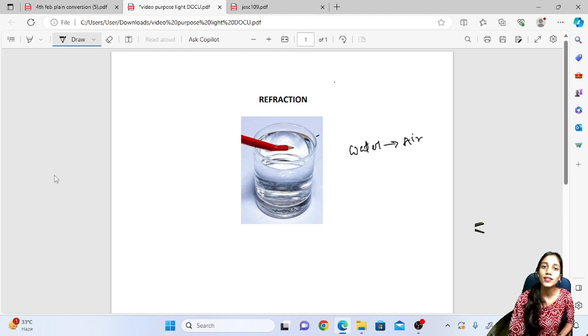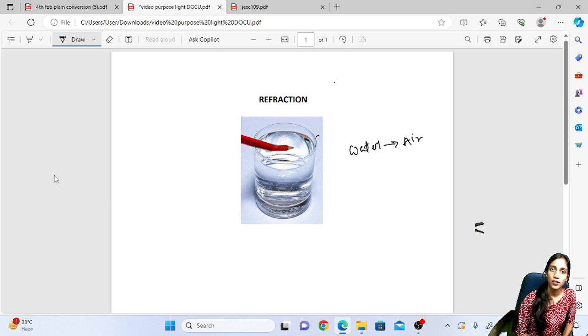When this happens, the speed of the light changes, and the direction of propagation of light changes. This is the point where refraction happens, and this is the reason the part of the pencil immersed inside the water looks displaced. So this is one example of refraction.